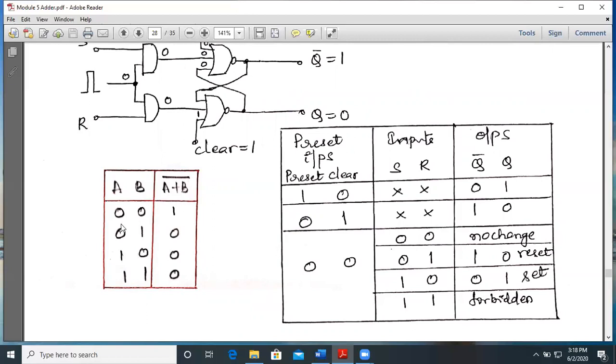The NOR gate truth table says that when any one of the inputs is 1, or when both the inputs are 1, we get the output as 0. And when both the inputs, or all the inputs to the NOR gate, are 0, we get the output as 1.